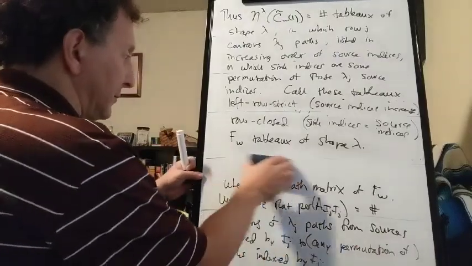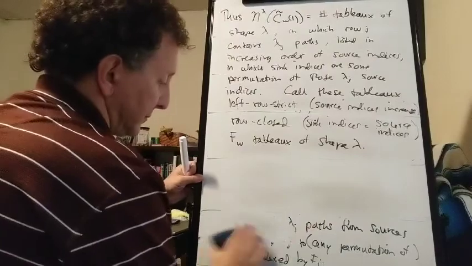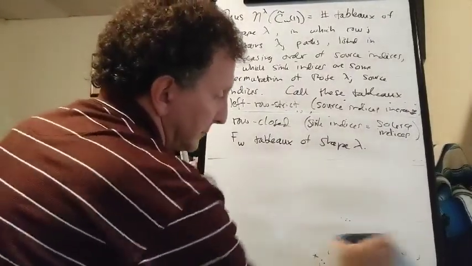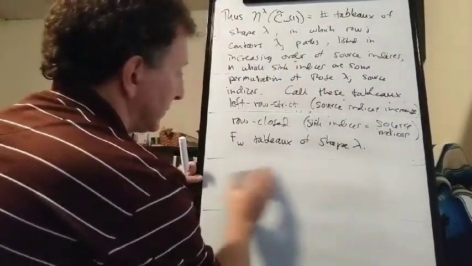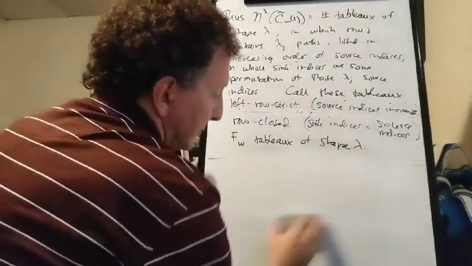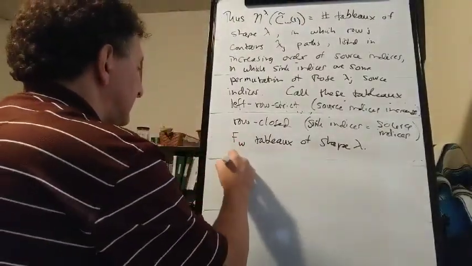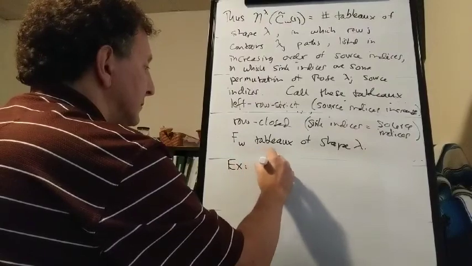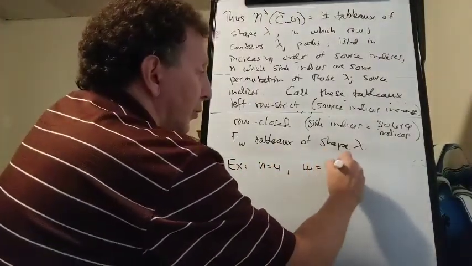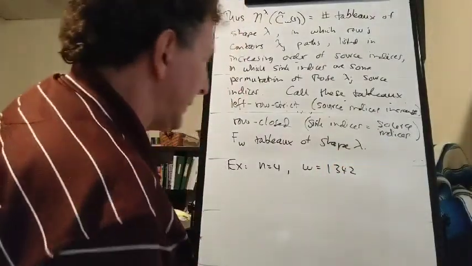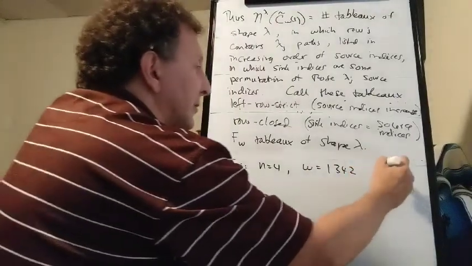So let's do an example. Let's look at the permutation 1, 3, 4, 2, and Fw looks like this.